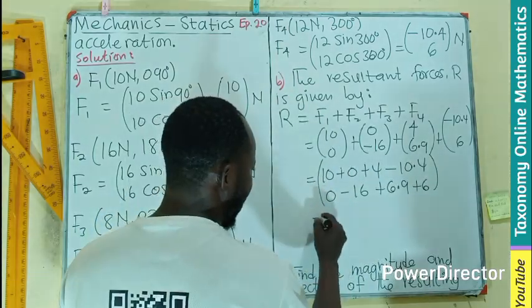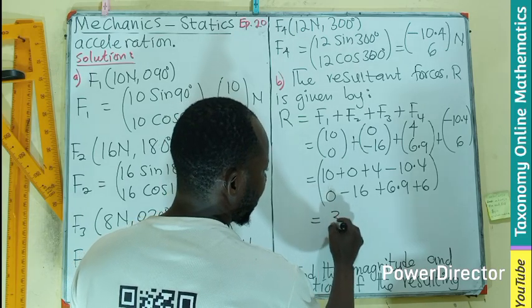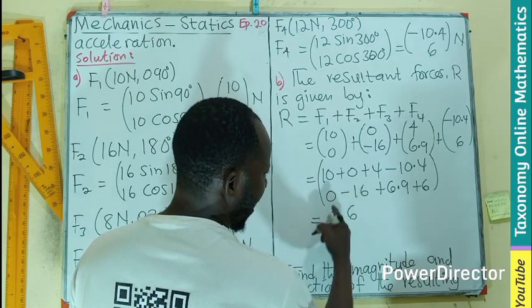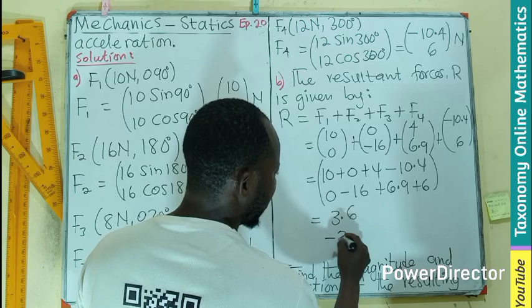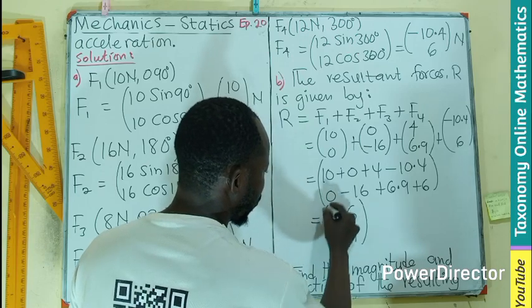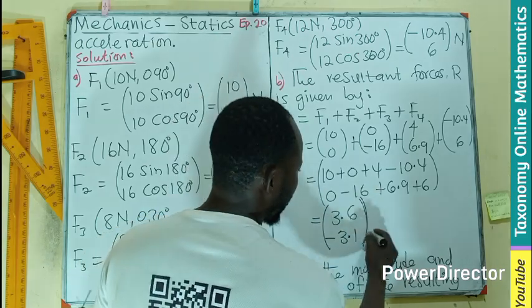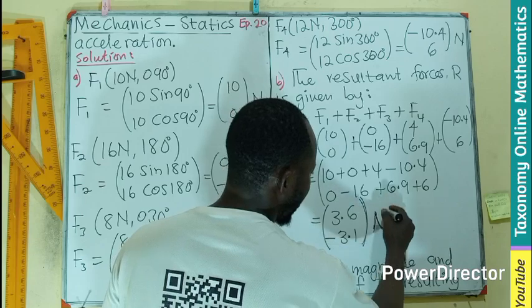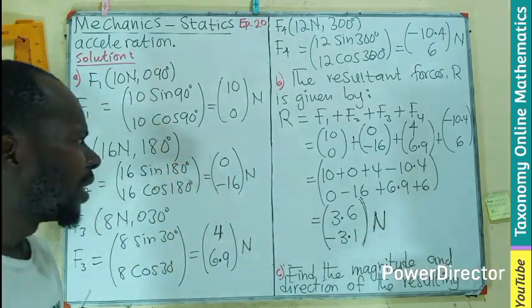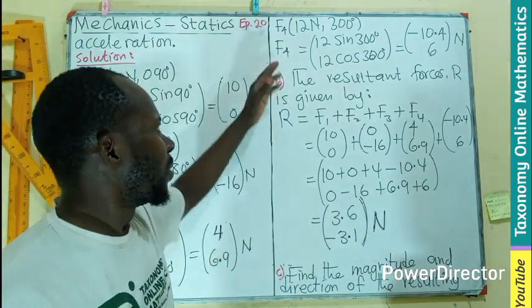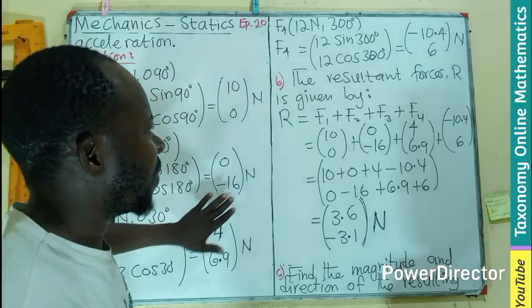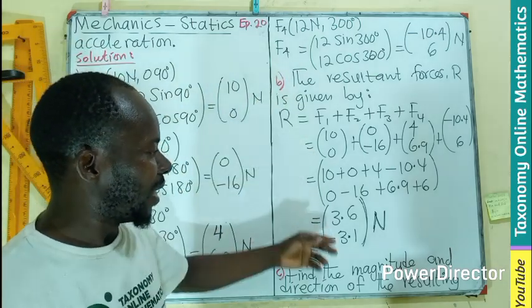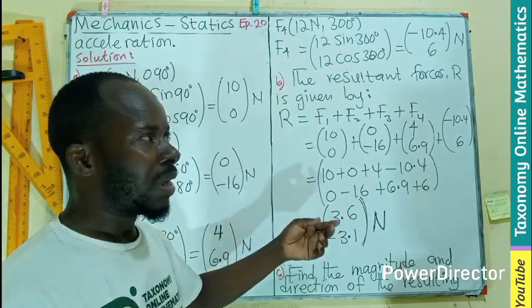If we add the first one, we should have 3.6, and the second one negative 3.1. This is the magnitude, so we can indicate our Newton. Now, in the first part, we found the forces in vector column form. In the second part, we are finding the magnitude and the direction.